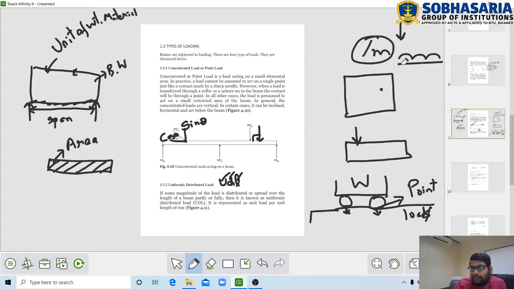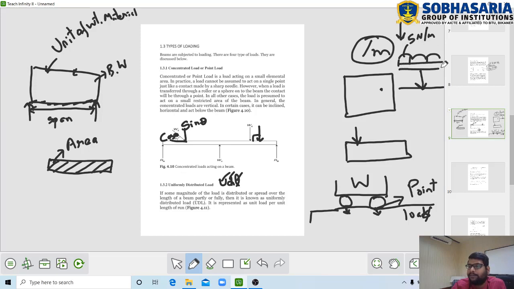If you want to convert a UDL to simplify the problem to a point load, the intensity or value of UDL given, for example 5 Newton per meter, means that in any section or any part of the UDL, you will have 5 Newton per meter intensity. That denotes the value of the UDL.